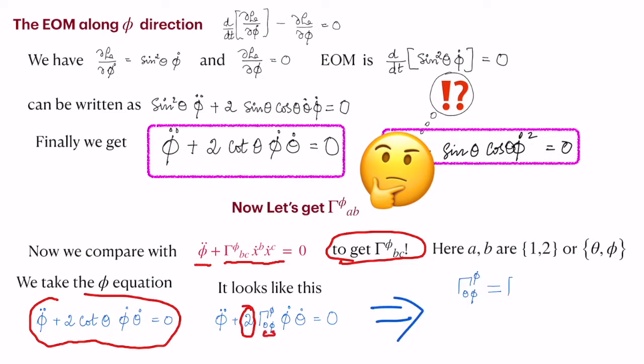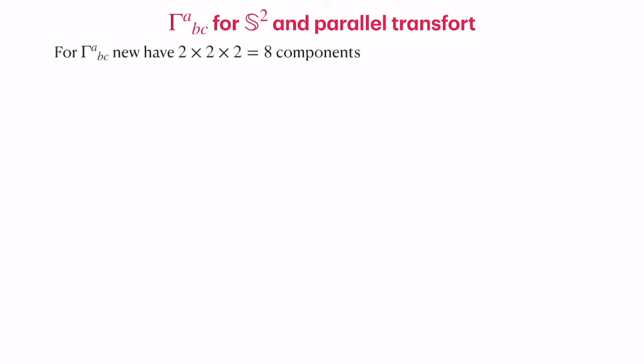So from this comparison of these two equations, we get gamma phi theta phi is equal to gamma phi phi theta is equal to cot theta, and the other gammas are 0. That is, we have gamma phi theta theta and gamma phi phi phi equal to 0. So this way we can compute gamma for any given metric, and it is rather interesting and much easier than the conventional way of determining it.